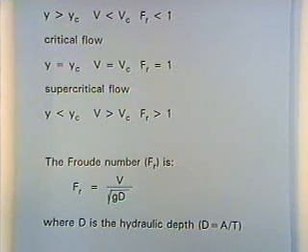Now, there are a number of dimensionless numbers in fluid mechanics. The Reynolds number we worked with last week in conjunction with pipe flow, and you'll normally associate the Reynolds number with pressure conduit flow. That's an expression of viscous forces to inertia forces, and the Froude number is an expression of gravity forces to inertia forces, and it's normally associated with problems of open channel hydraulics.